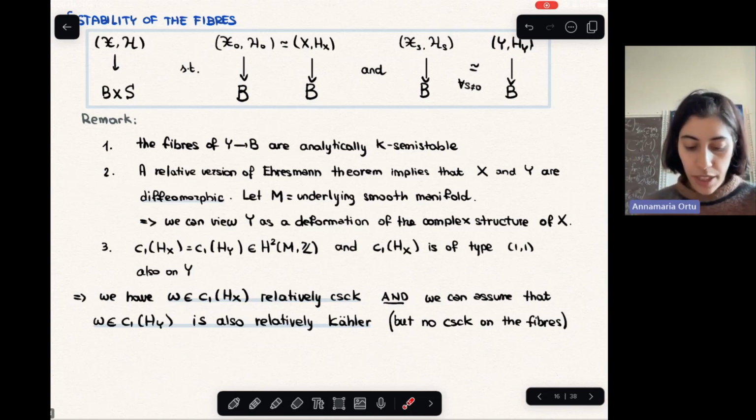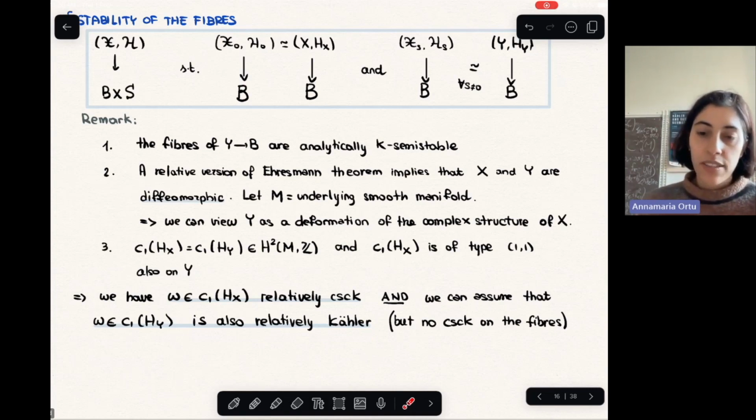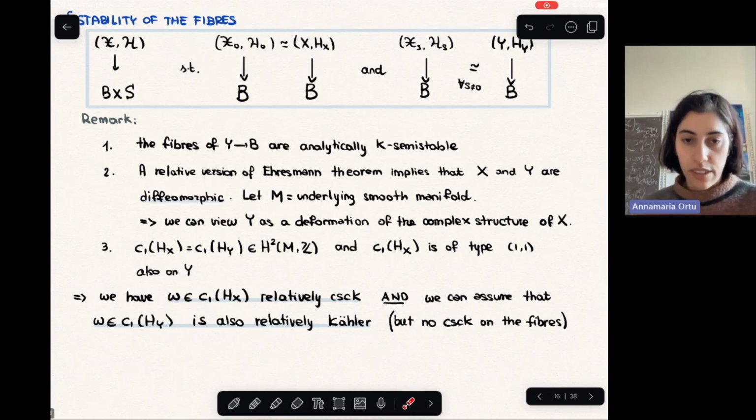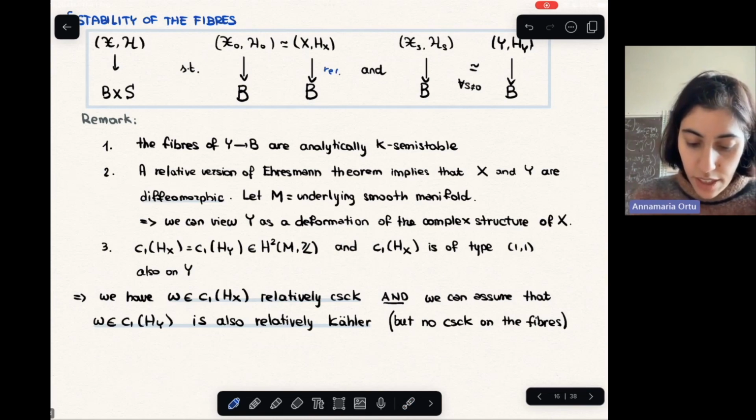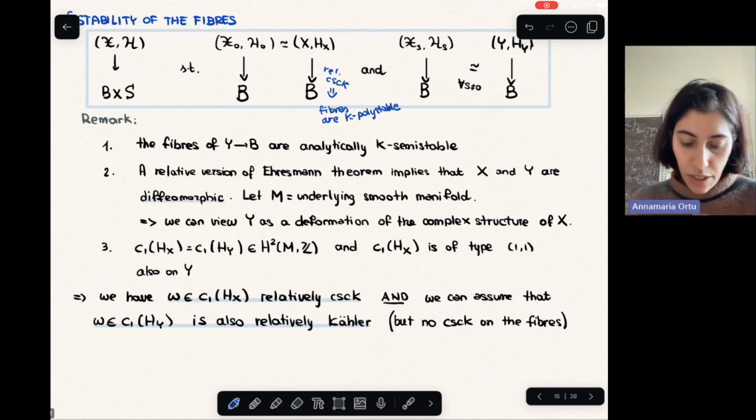And we can also assume, using these remarks, that this is also relatively Kähler on Y, although it doesn't restrict to a constant scalar curvature metric. So in particular, as I said before, this is relatively cscK, so it means that the fibers are K-polystable.